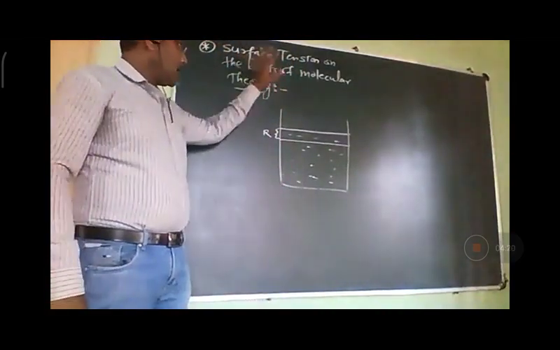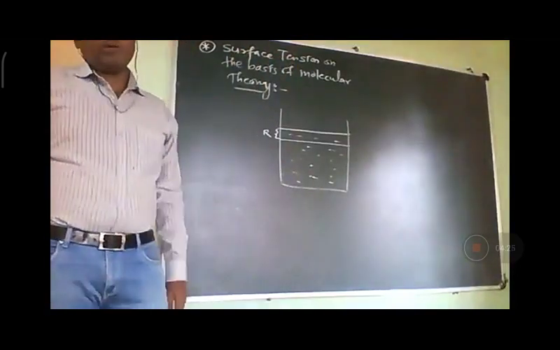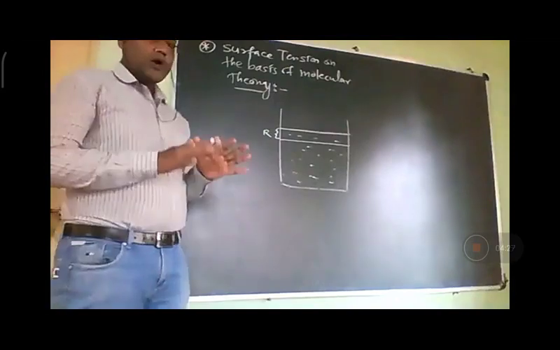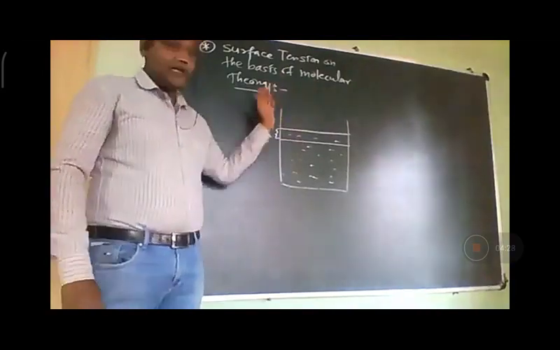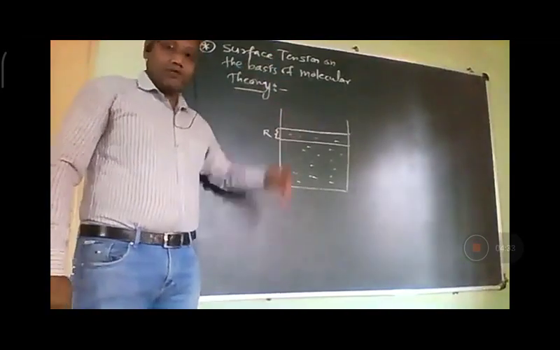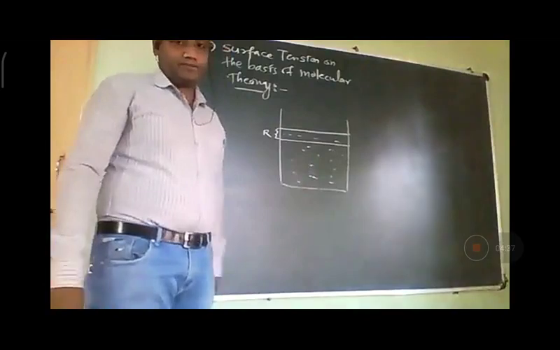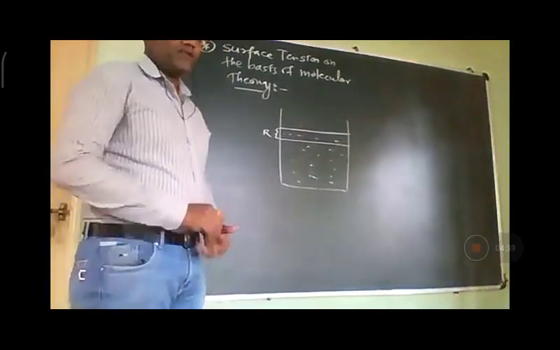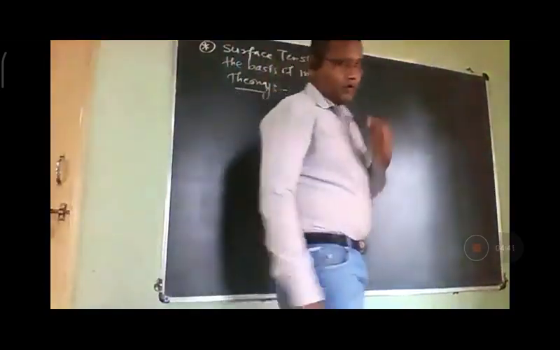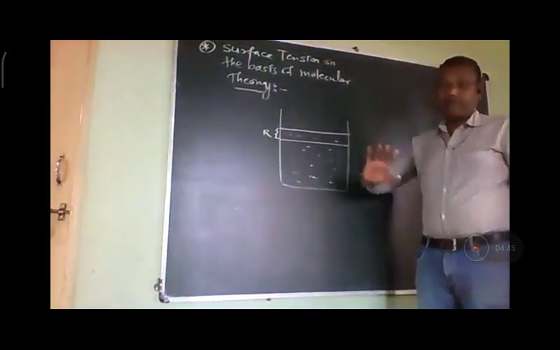Now we are mainly learning surface tension on the basis of molecular theory. It means how this molecular theory is responsible for producing a tension on the surface of a liquid. To learn this, these are the few basic points we have seen. One more point is the free surface of liquid.